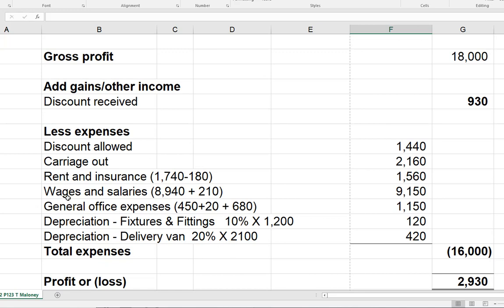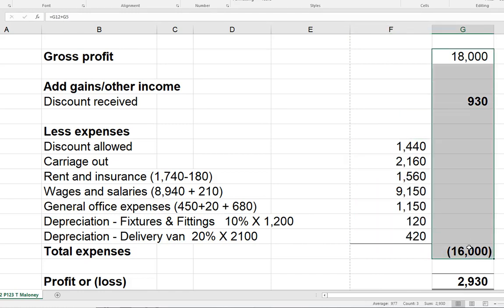List them all down. Don't forget to put in the depreciation that we calculated, and show your workings. They're the expenses. They add up to 16,000, which is here, and then our gross profit plus 930 other income minus all of these, which is 16,000, gives us a net profit or a profit or loss of 2,930.